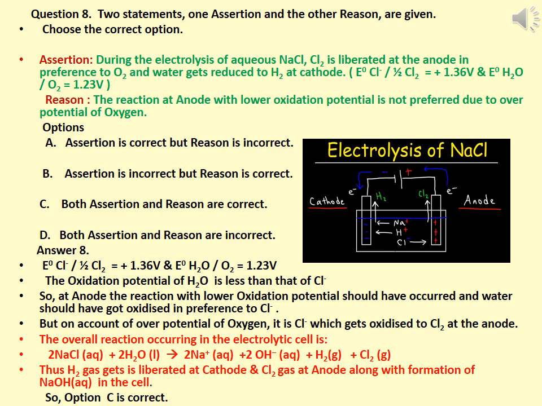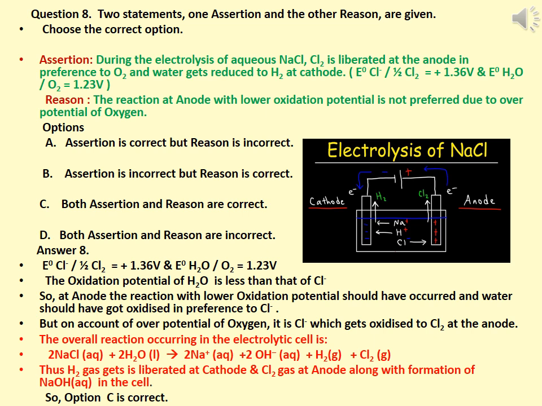To oxygen in preference to Cl minus. But what is actually seen experimentally, it is found that at anode, Cl2 gas gets liberated. Why? The reason is on account of overpotential of oxygen. It is chloride ions which get oxidized to chlorine at the anode.